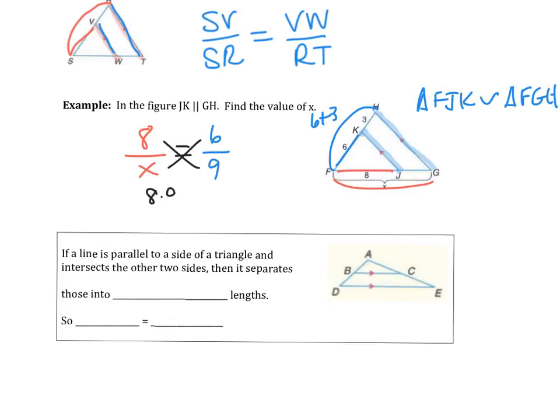So 8 times 9 is equal to 6x. 72 is equal to 6x. Divide both sides by 6. 72 divided by 6 is 12. So x is equal to 12. So the length of that large triangle side is 12.